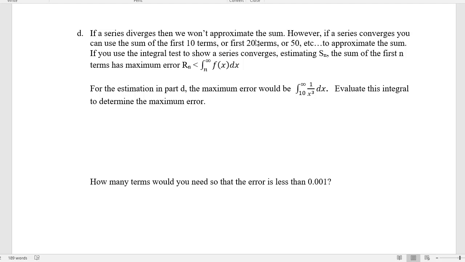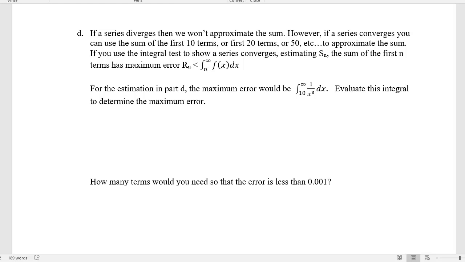If I'm summing up the first 20 terms, s sub 20 is how we denote that, then r sub 20 has a maximum error. My remainder, my error, is less than the integral from 20 to infinity. If I sum the first 50 terms to estimate the series, then the error, the remainder of the first 50 terms, r sub 50, will be no more than, this is a max bound, the integral from 50 to infinity.